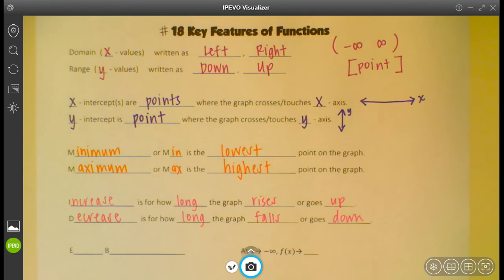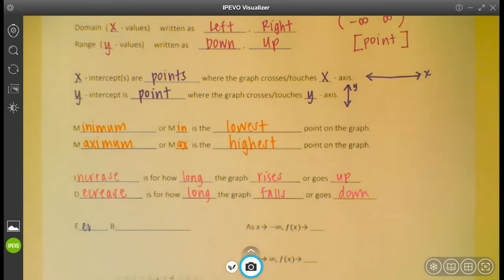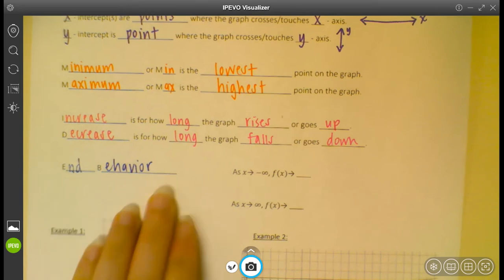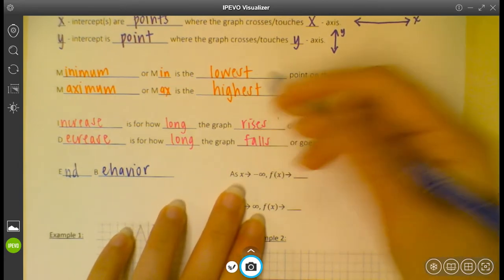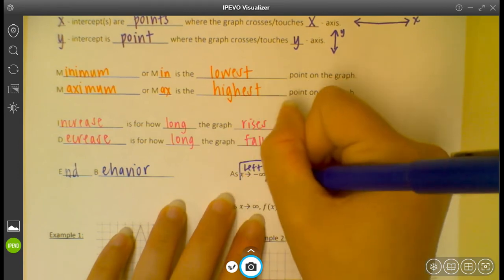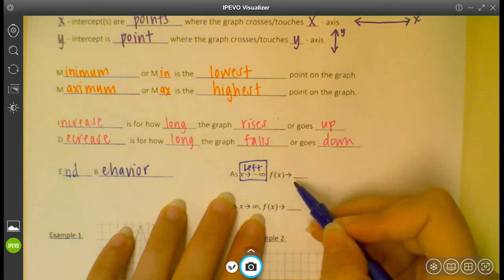Now, the last really important key feature is what we call end behavior. This is written a little funky, but this x arrow negative infinity means to the far left of my graph, what is my function f doing? What is it behaving like?